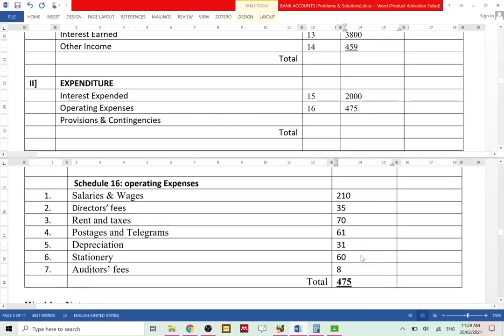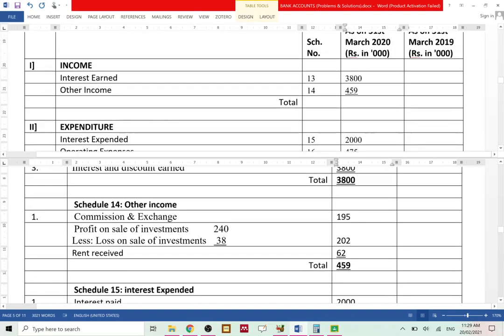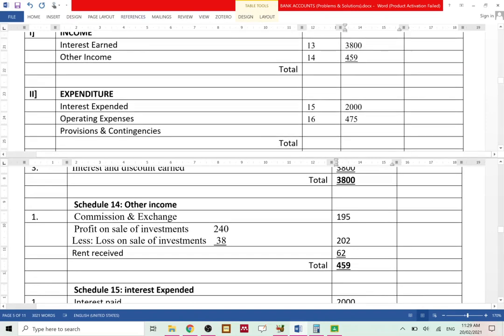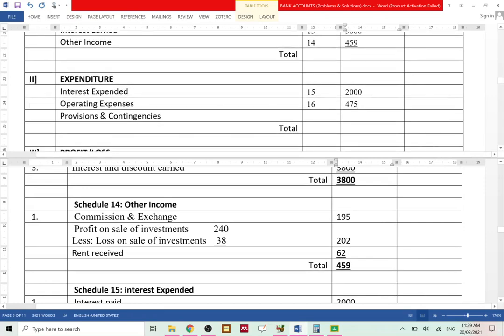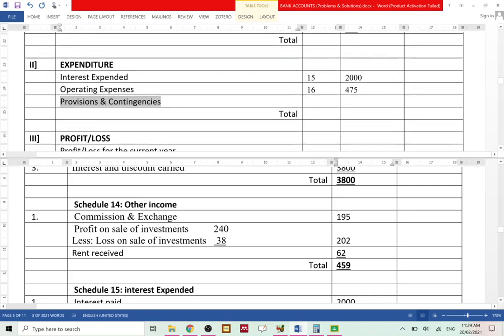Now schedules are done, all the major items have come in our profit and loss account, the interest, the expenditure and the income is there. Next we need to calculate provisions and contingencies, and we need to calculate what will be the profit before tax after including all of these provisions, and of course after minusing the income tax, what will be the profit after tax.